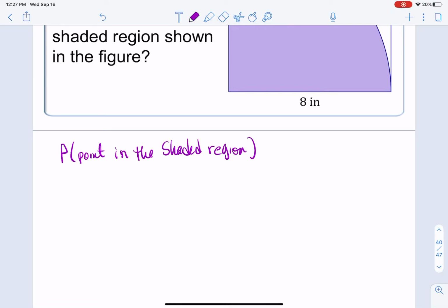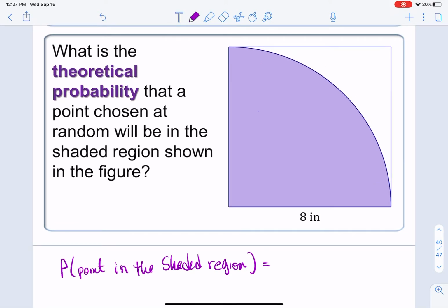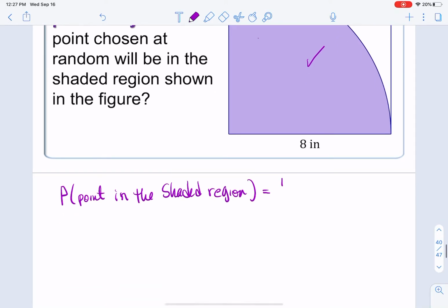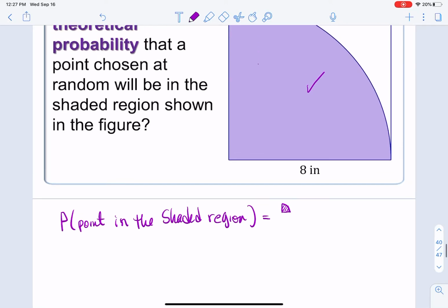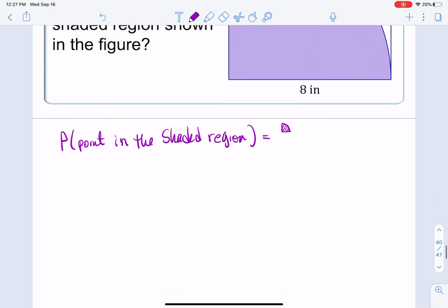Let's conceptualize it first. The favorable outcome for us is a point in that quarter circle. I'll draw a little picture of a quarter circle, and it's purple. And out of everything possible is the whole square here.